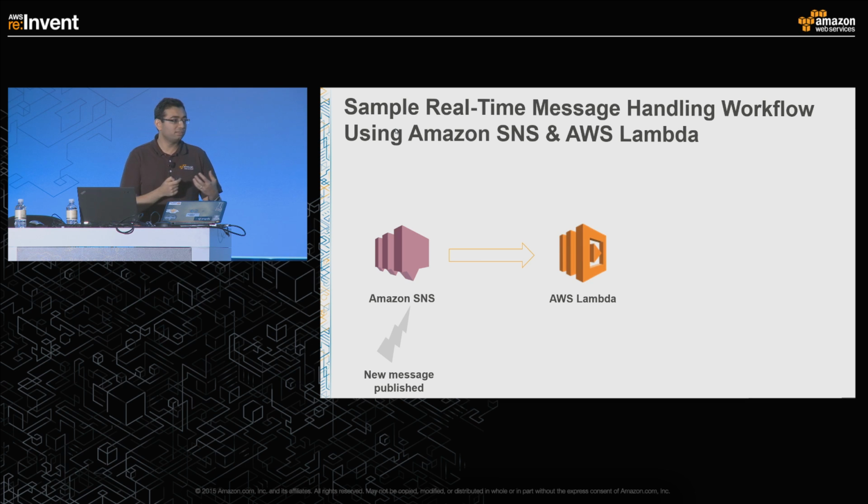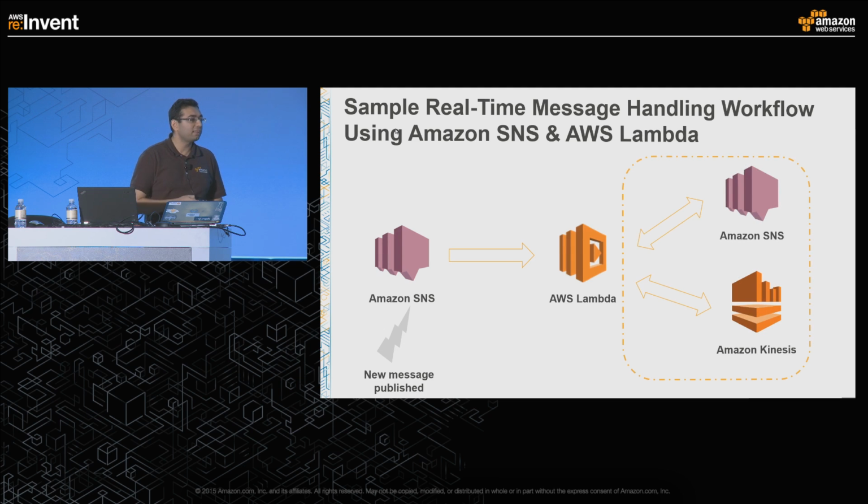Now, if that message is a true outreach or a mobile push notification that you are doing, you could actually customize that notification and then push it back to another SNS topic. So instead of sending the exact same message to 5,000 users, you could subscribe 10, 15 Lambda functions to that topic. Each of those Lambda functions will send that message out only to 700 to 1,000 users, but it will be a very customized message, because now Lambda can intercept that message, customize it, and then push it back.